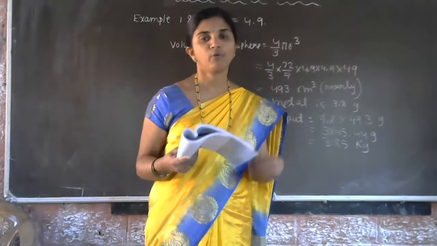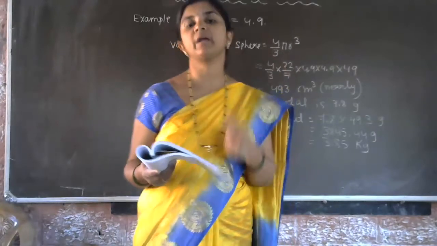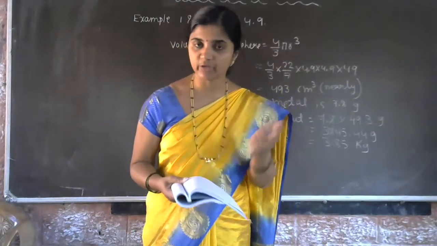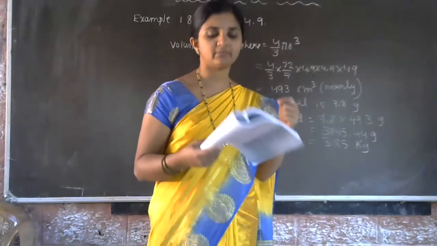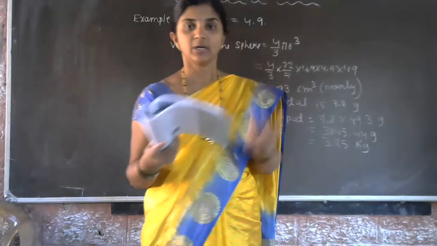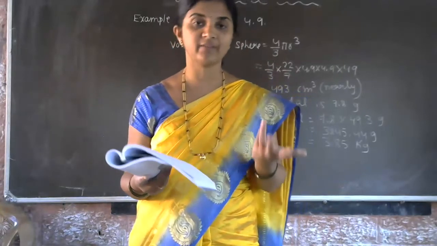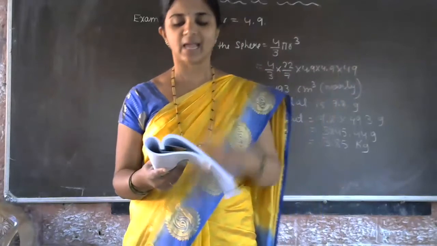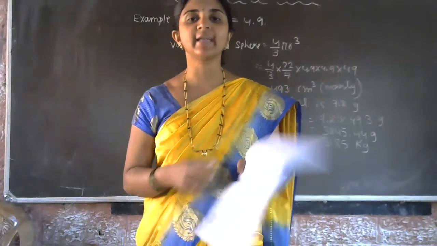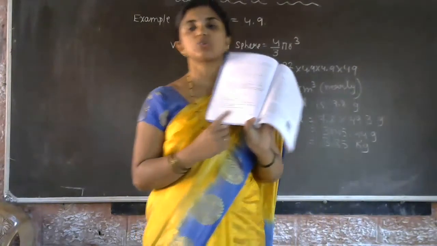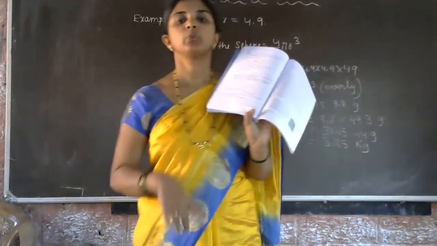So we have to find the volume of a hemisphere. Which formula do we use? 2 by 3 pi r cube. 2 by 3, pi value is 22 by 7, then radius is 3.5, 3.5, 3.5. Just calculate, so 89.8. Here it's an example problem, and you have the solution also. Just copy this problem in your notebook.